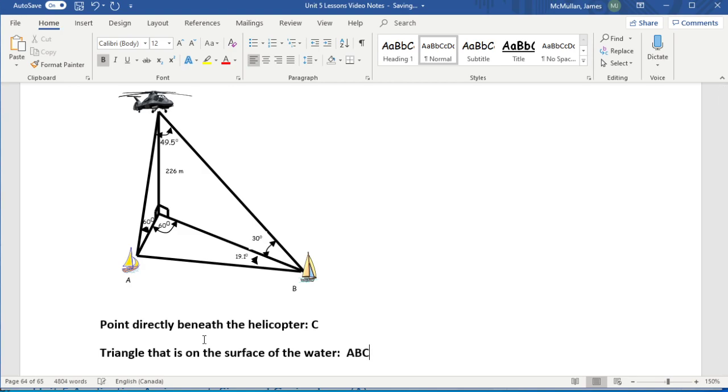Ultimately, the distance between the boats is AB. So if you imagine this triangle on the ground, it's ABC, and the distance between the boats is AB.